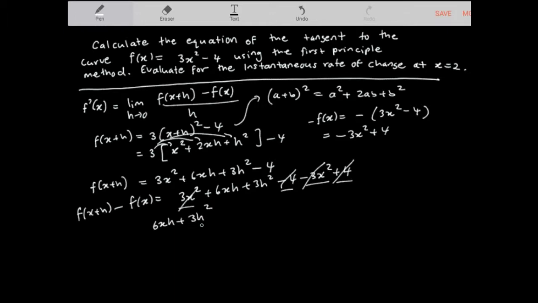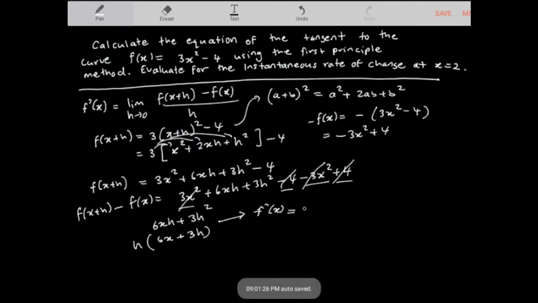Now you can notice that h is a common factor, so I'm going to factor out h. You get h times (6x plus 3h). This was the numerator. Now if I put this back into my equation, f prime of x is equal to the limit as h approaches 0 of h times (6x plus 3h) over h.